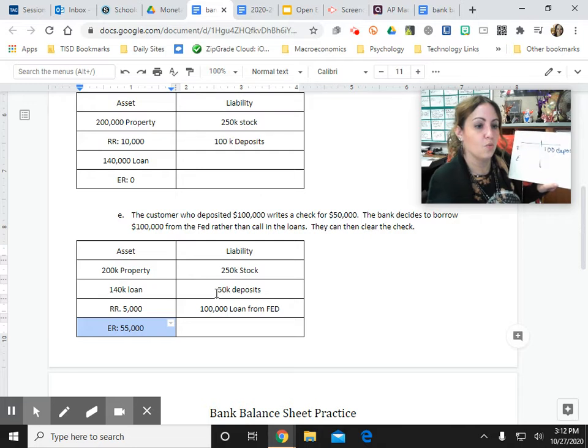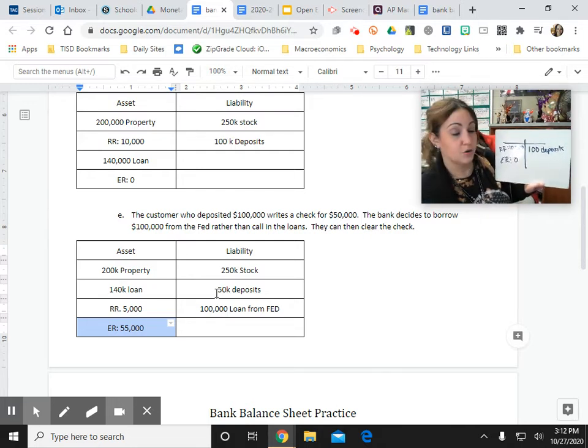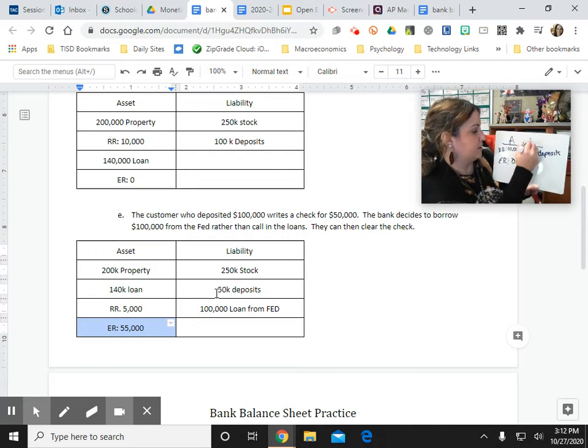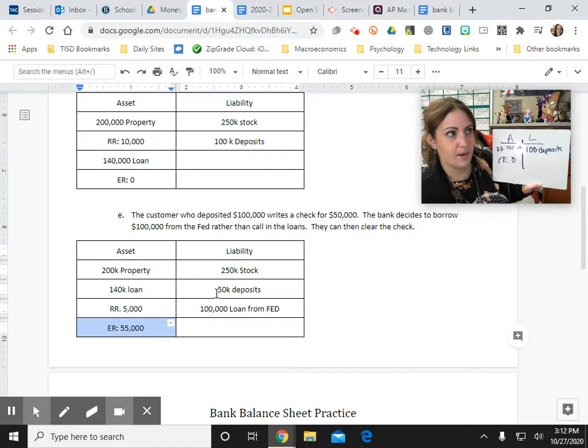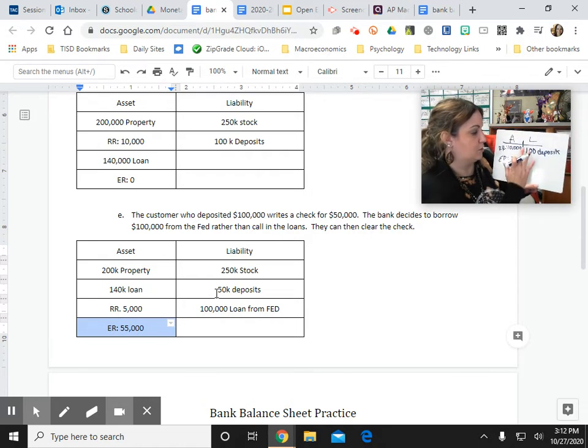So, the customer who had deposited $100,000 comes back and asks for 50 of it back. So we give them 50, which leaves them 50. Well, where do we get that 50? We took out a loan from the Fed of $100,000.